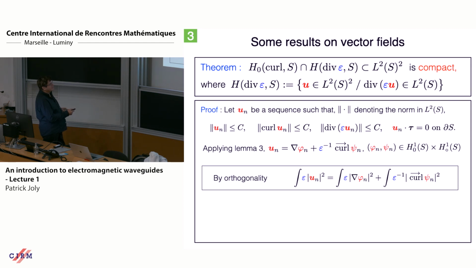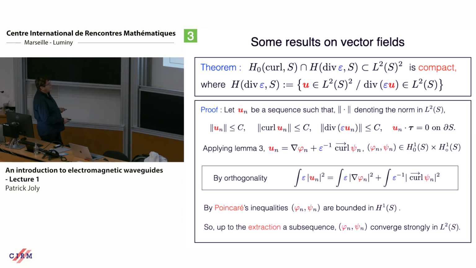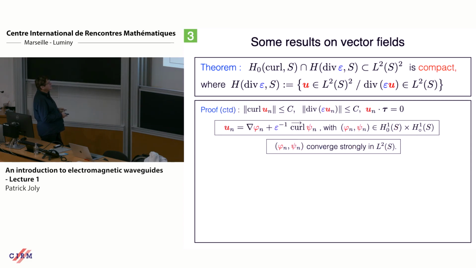Because this is bounded, each of these terms is bounded. For each of these terms, you can use a Poincare inequality, so they are bounded in H1. And so they have a subsequence which converges strongly in L2. So this is the first step of the proof, up to passing to a subsequence.